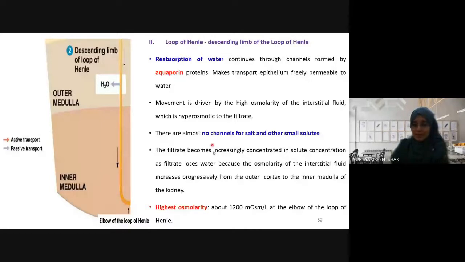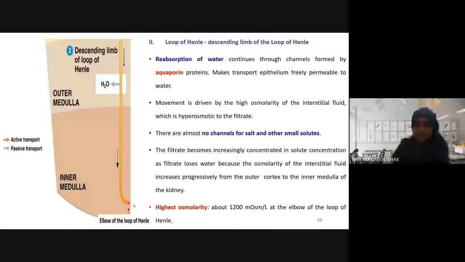So the filtrate becomes increasingly concentrated. Highlight here: increasingly concentrated because a lot of water has left. Please note it in your diagram. Water goes out all the way through, so this will cause the filtrate to become more and more concentrated as it enters the elbow of the loop of Henle.